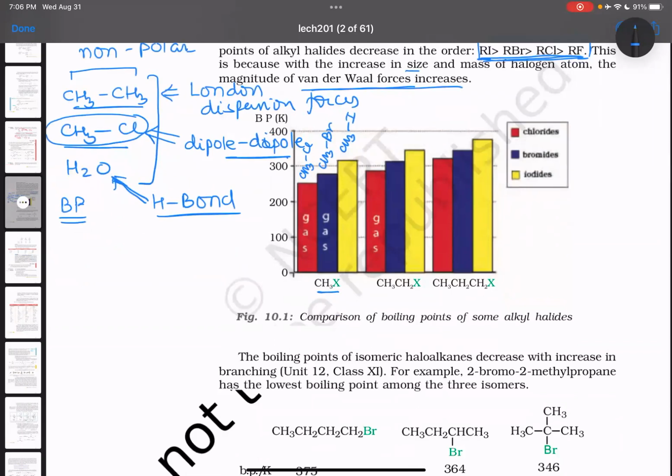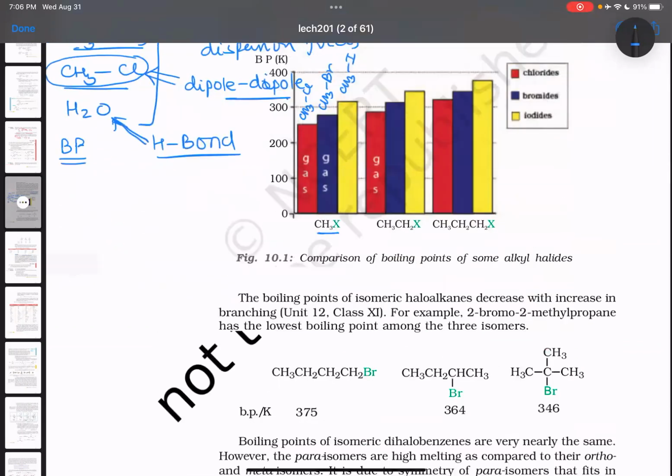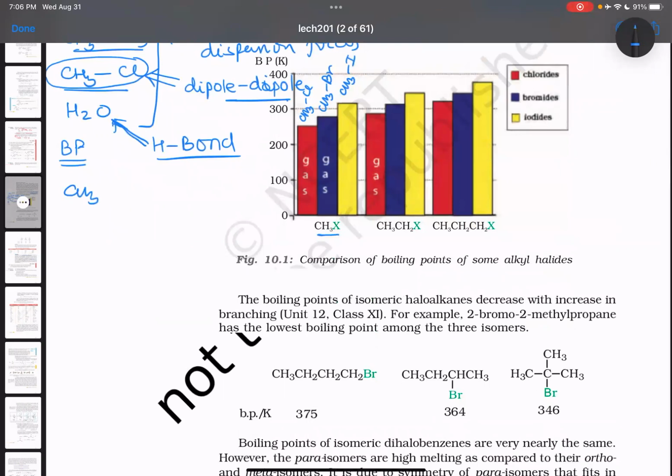And if you have the same alkyl group, then fluoride will have the lowest boiling point, then CH3Cl, and CH3I will have the maximum.